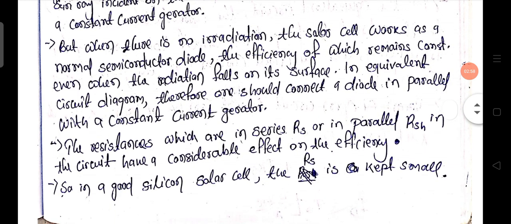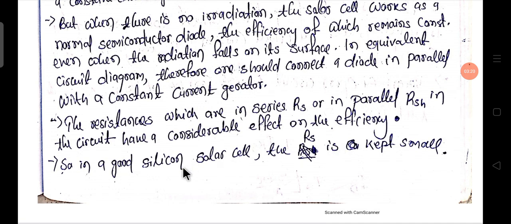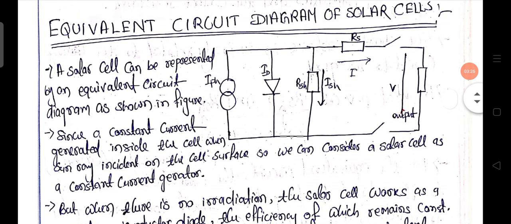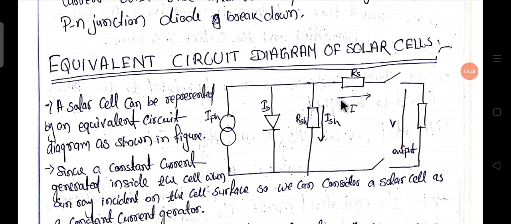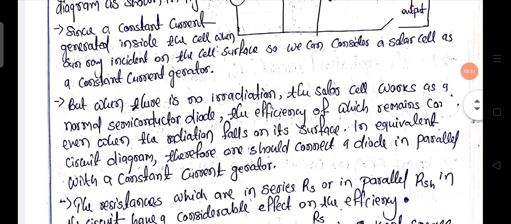These resistances in the circuit have a considerable effect on the efficiency of the solar cell. In a good silicon solar cell, the RS is kept small, so that the efficiency of the solar cell is very high.